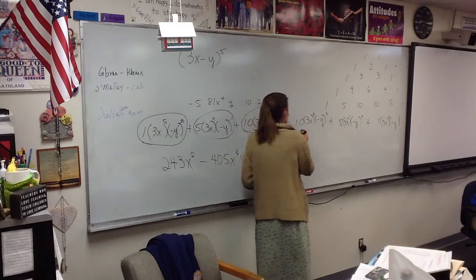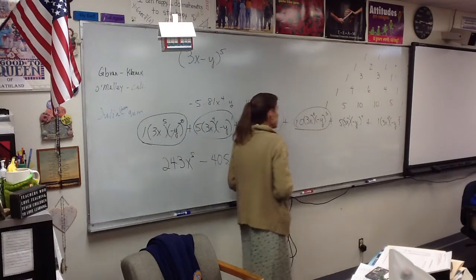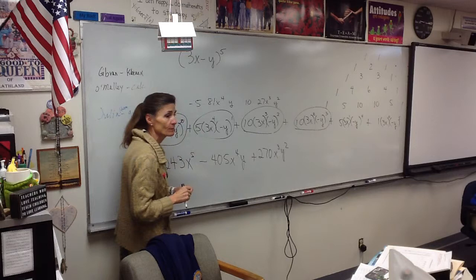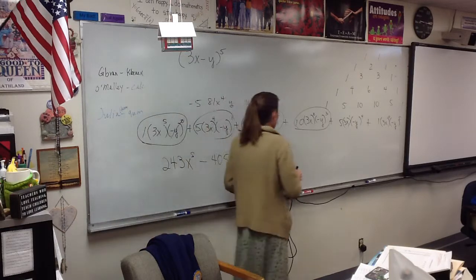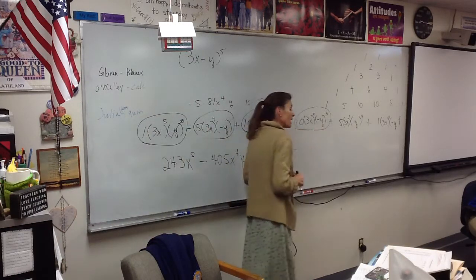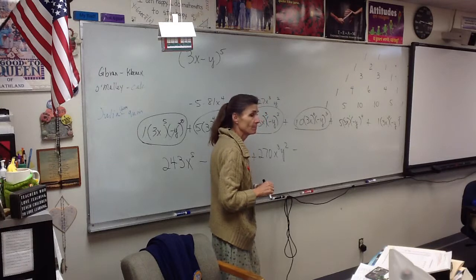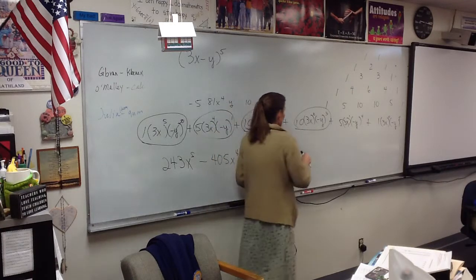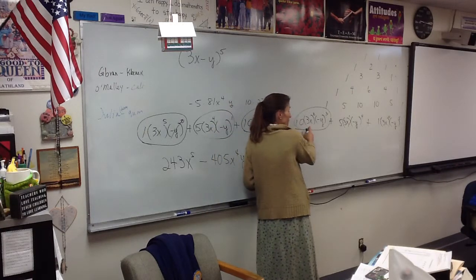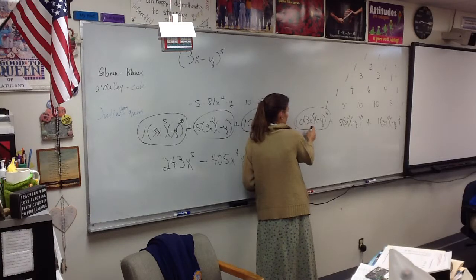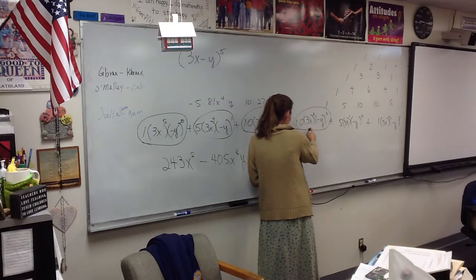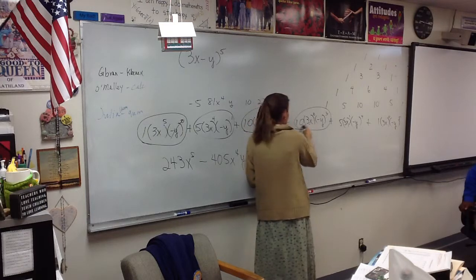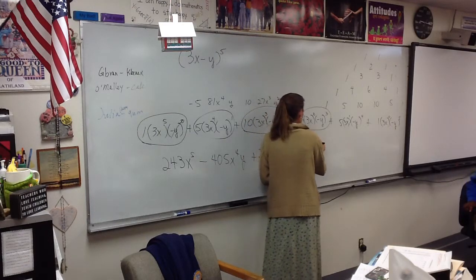Next. Will this one be positive or negative? Negative. This one's gonna be negative. Remember, when you raise a negative to an odd power, it's negative. What's this? Negative 9. That's 9x squared, so you got 9 times 10, that's 90 x squared y cubed.